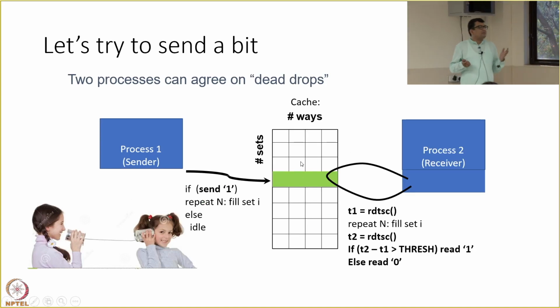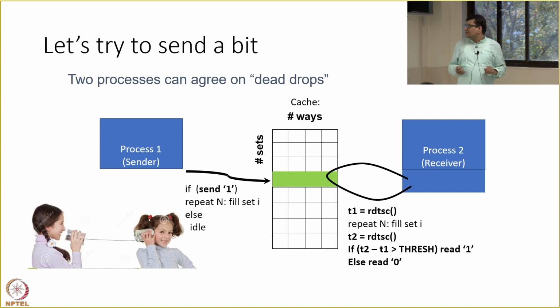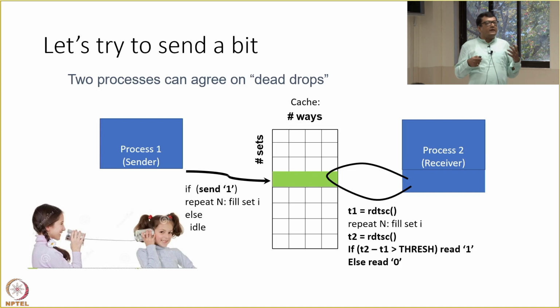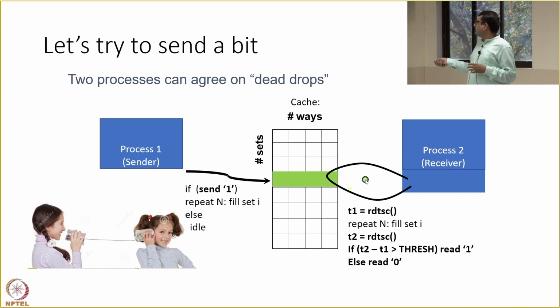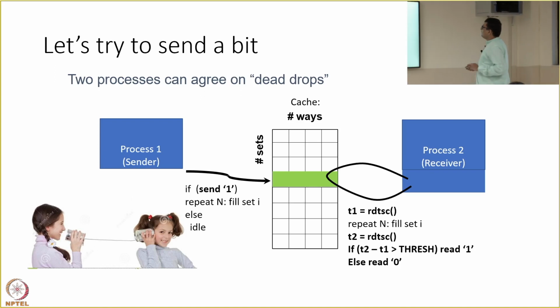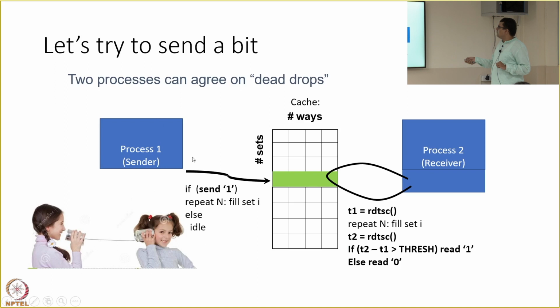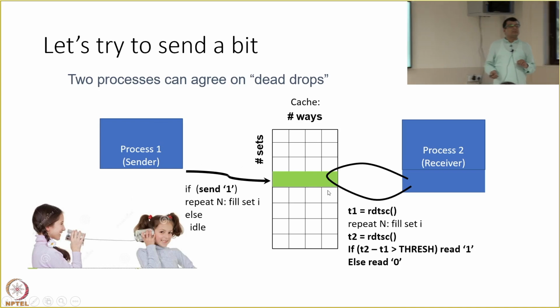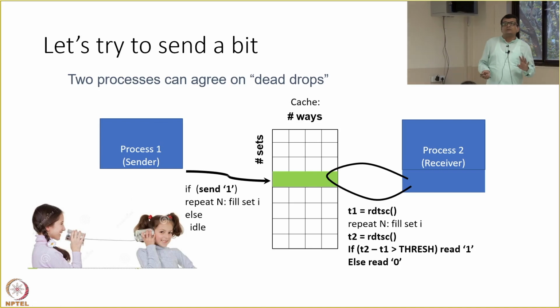As I mentioned, a set is nothing but a row in a cache. Let's say you write a for loop, and that for loop makes sure that you send requests to a particular set in the cache, continuously within the for loop. Now if this process wants to send 1, every time it will go and populate this particular set. Are you with me so far?